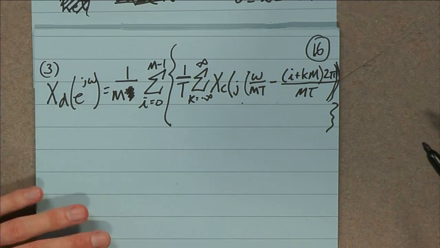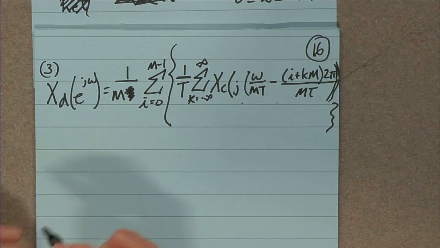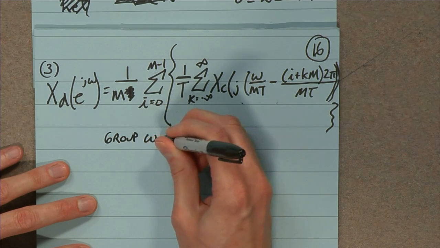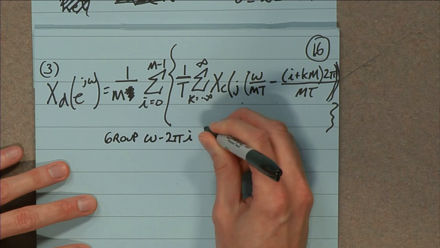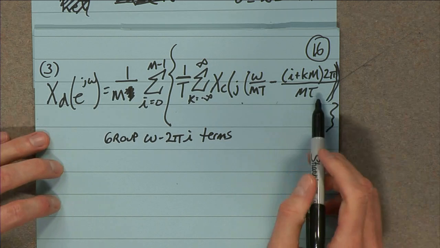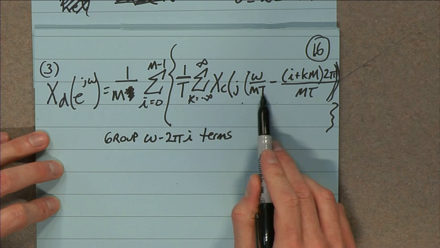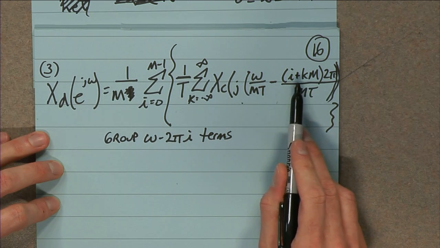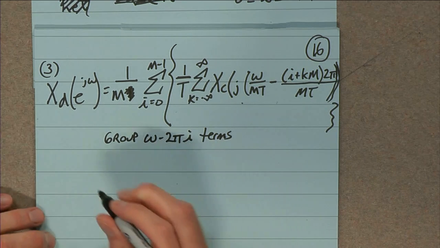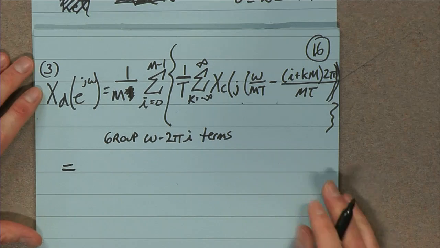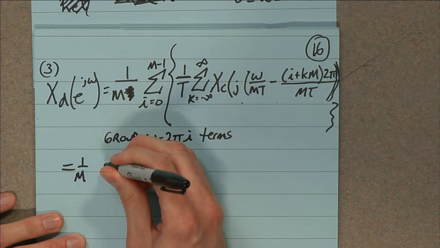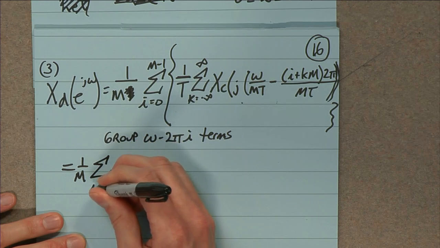Now the next part of this trick is to accumulate certain terms together. So we're going to group omega minus 2 pi i terms. And we can do that because notice the omega term is over capital MT, and so is this i times 2 pi. So if we do that, I'm going to put an equal sign here and give myself more space. Hopefully you can see what's going to happen after this step.